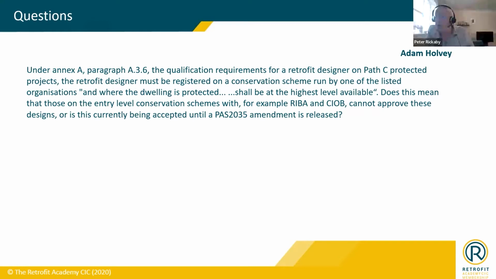Yeah, okay. I agree with you, Alan, that at the moment, as it's written, you have to have the highest level if the building is protected. You can have a lower level if the building is traditionally constructed, I think. I was in a meeting this morning talking about the amendments to the forthcoming update to PAS 2035, and there is a scoping document, which is not really something for me to divulge at this stage.